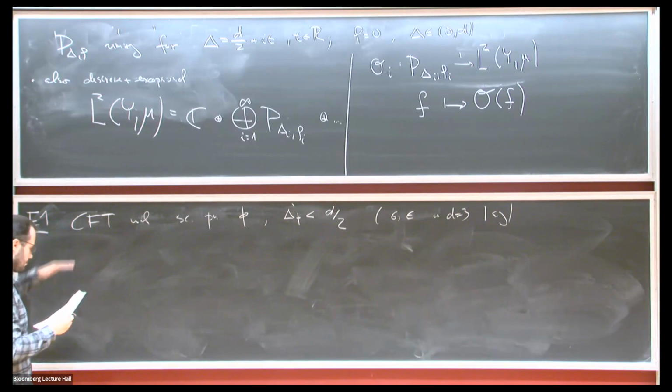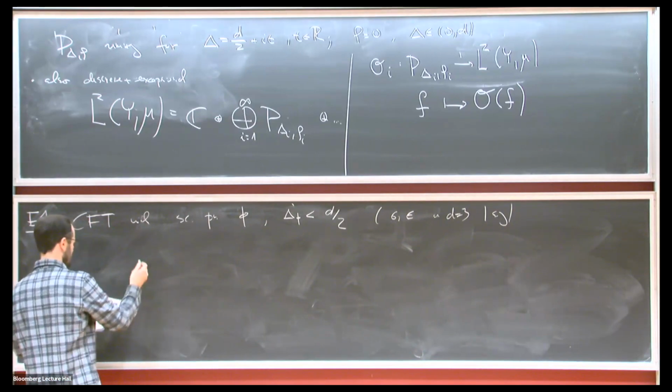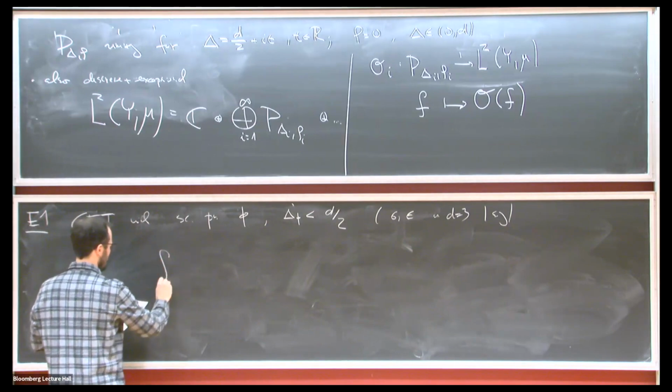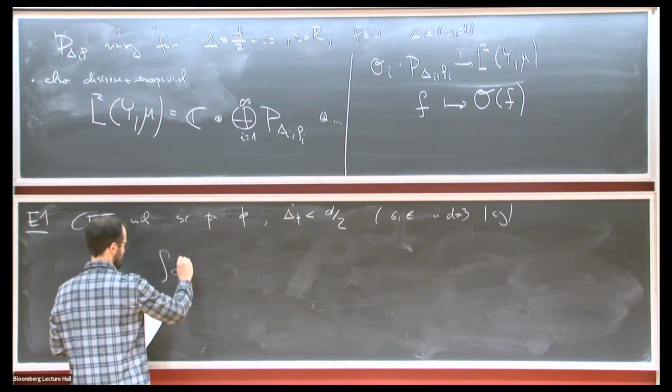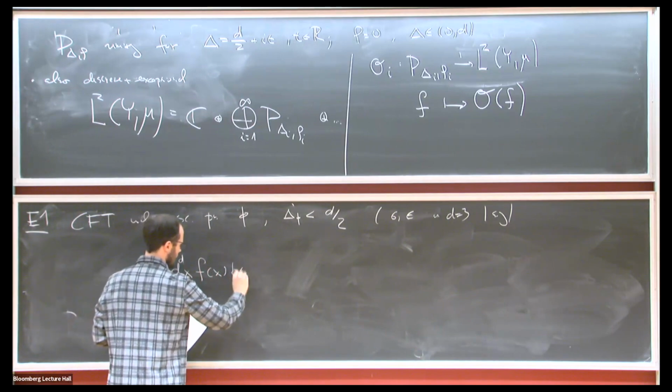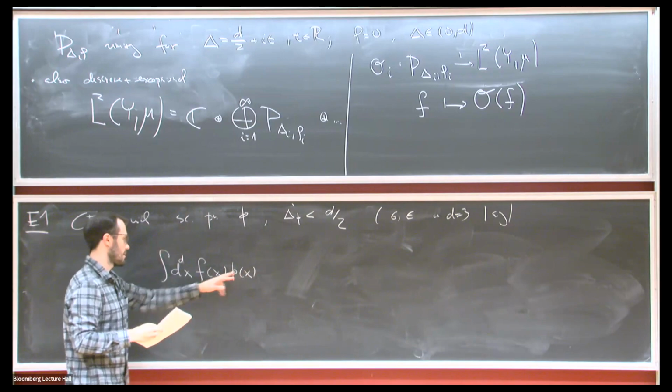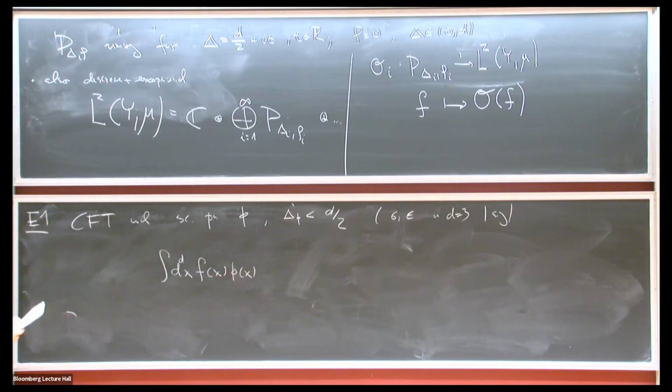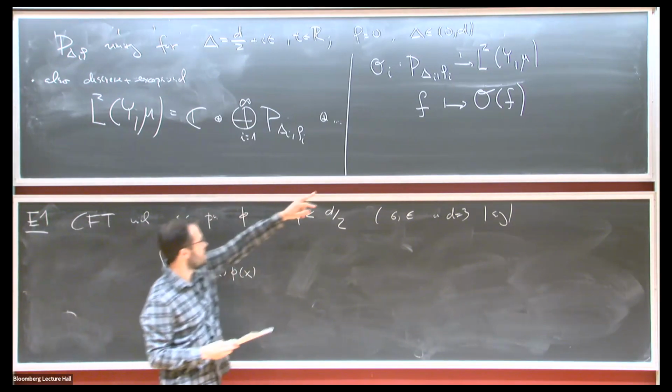Okay. So when you have such a CFT, which has a measure space associated with it, then you can construct various observables. Maybe the simplest observable you can construct is just to integrate phi against some f. This is actually an example of this O map.